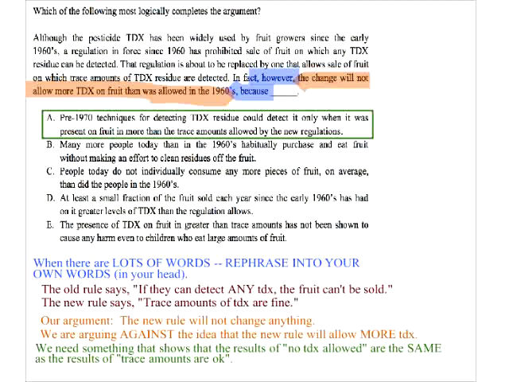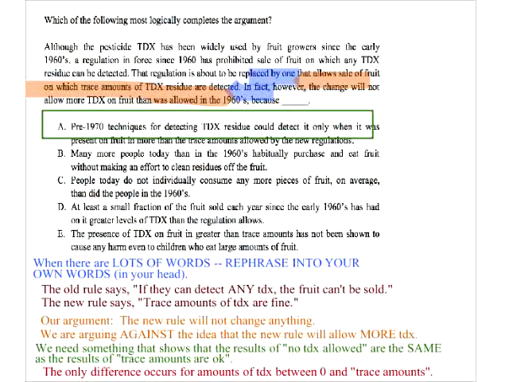So, because the only difference between these two rules occurs for amounts of TDX between 0 and trace amounts. Because these are the only things that are, please don't mess with the board, thank you. Let me just take away the ability to do that, and that'll do it.